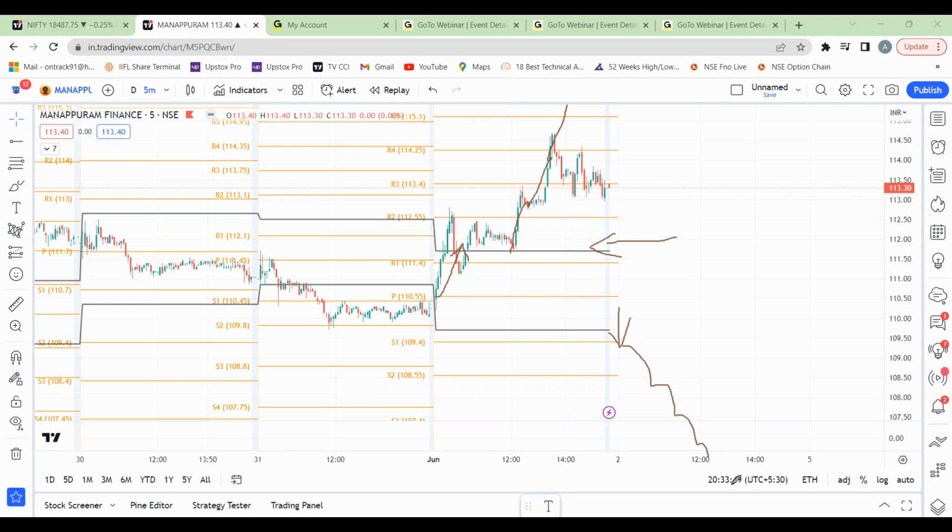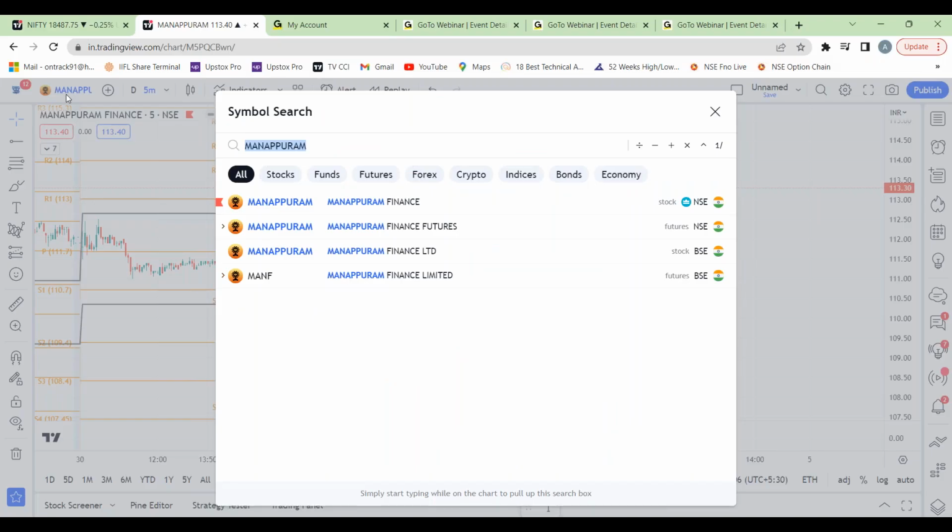It will lose its support and keep falling. That is the time it can start giving big movements. Watch and backtest a few of our trades. You will get a better understanding.